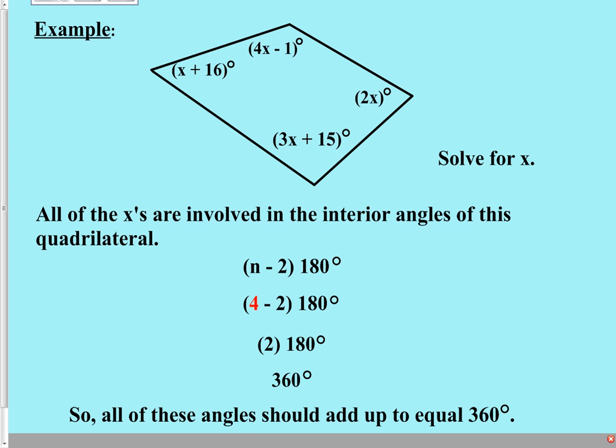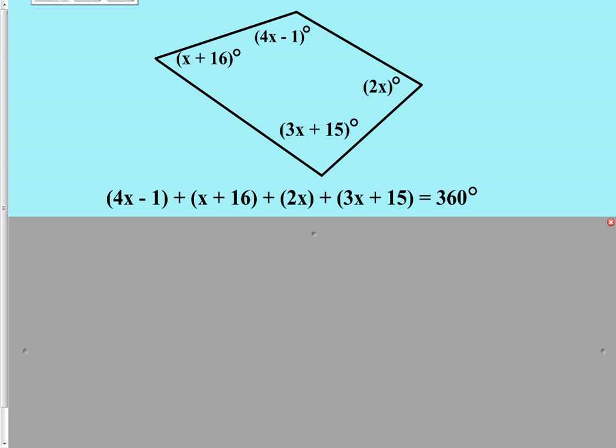So what we need to do is write ourselves a formula. These four angles, 4x minus 1, x plus 16, 2x, and 3x plus 15. When you add those four values together, the result is 360 degrees.